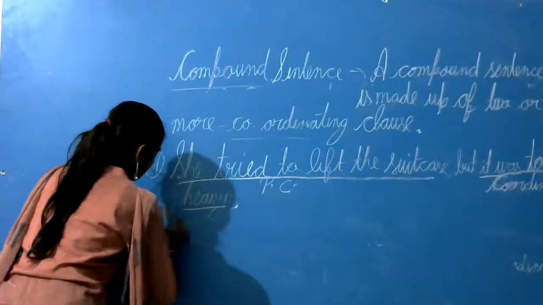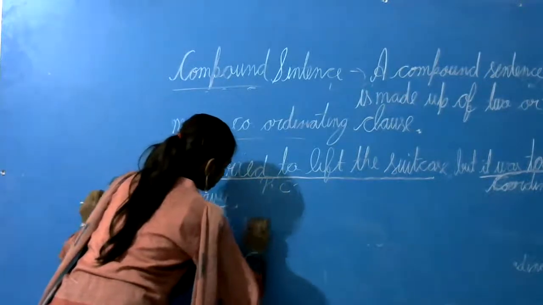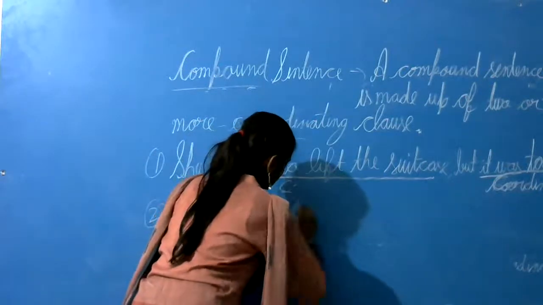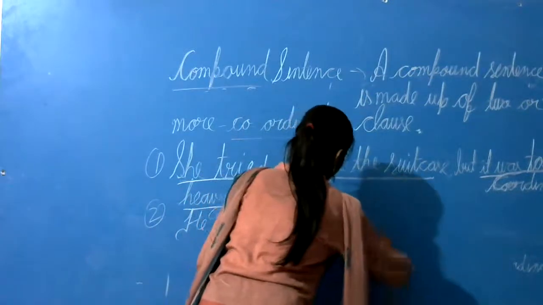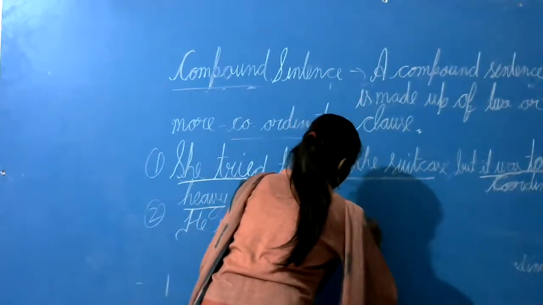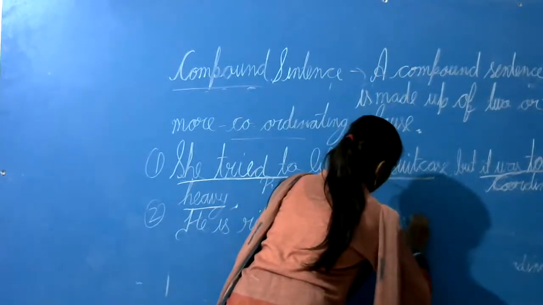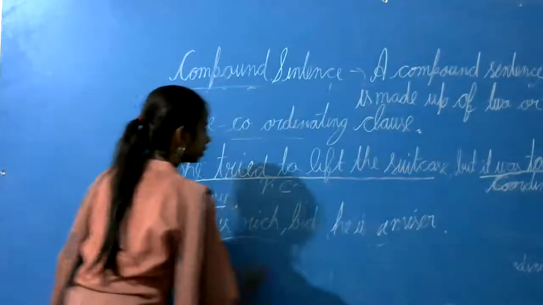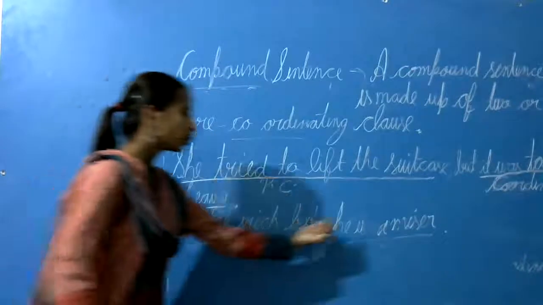Next example I am going to tell you. See, he is rich, but he is a miser. वो अमीर है, लेकिन वो कंजूस है.